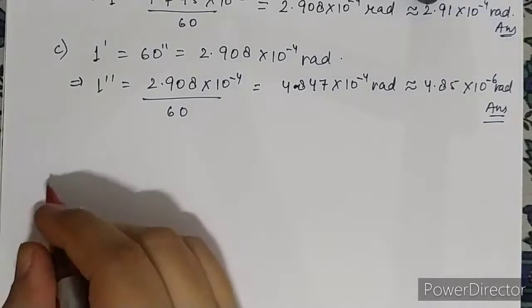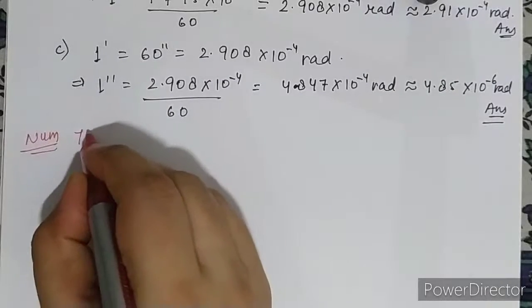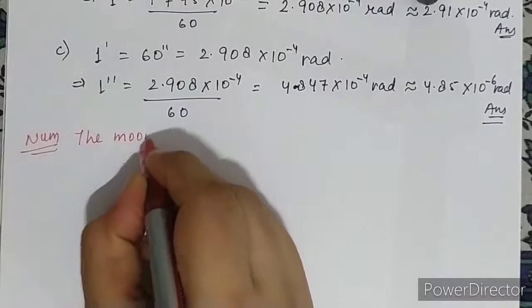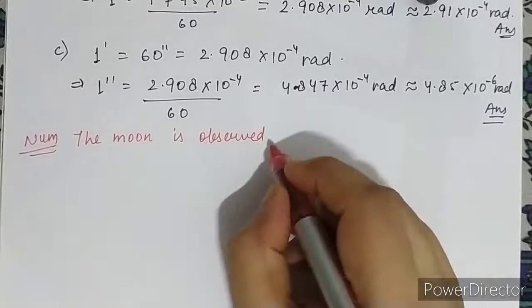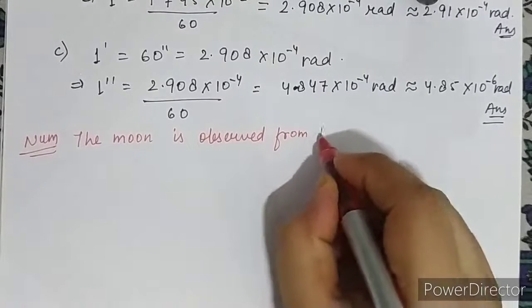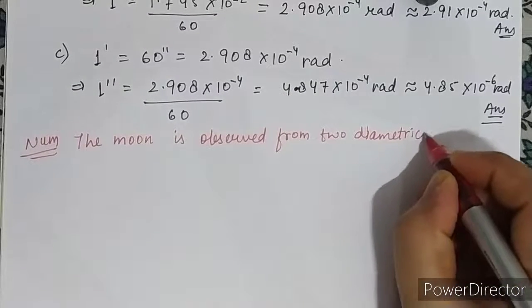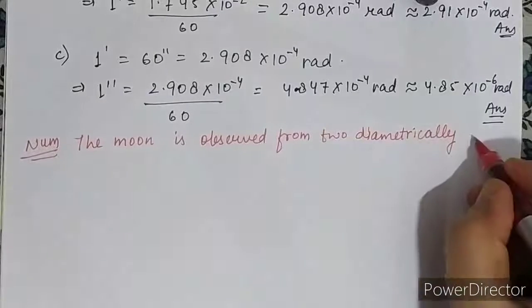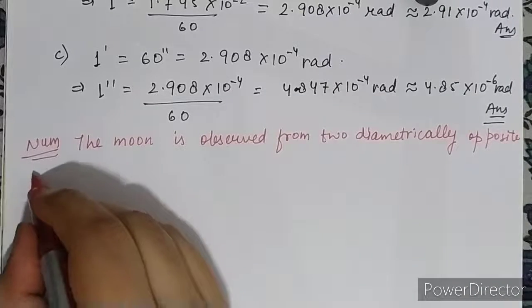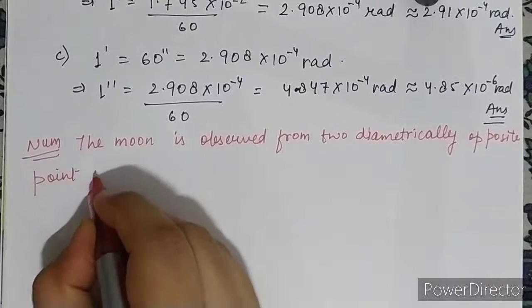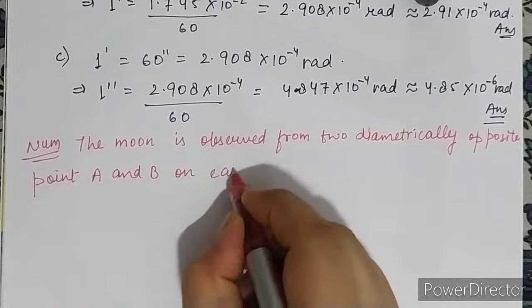Okay, the next numerical, number 2, is that the moon is observed from two diametrically opposite points A and B on earth.